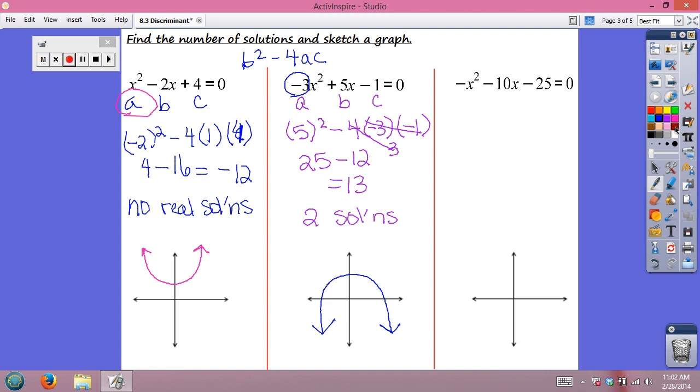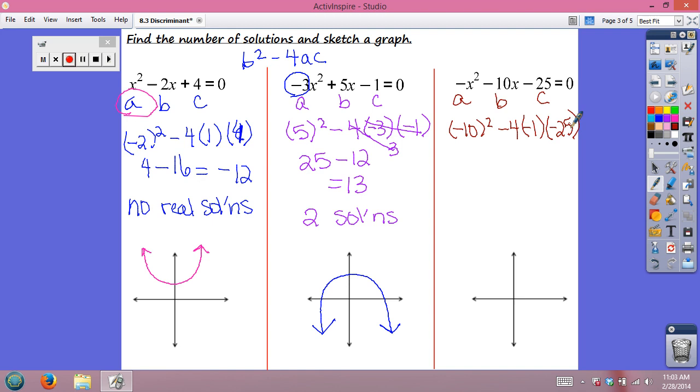Okay, next example. We have negative x squared minus 10x minus 25. First thing, A, B, and C. Plug those values in. b squared is negative 10 squared, minus 4 times A, which is negative 1, times C, which is negative 25. Okay, let's simplify this.